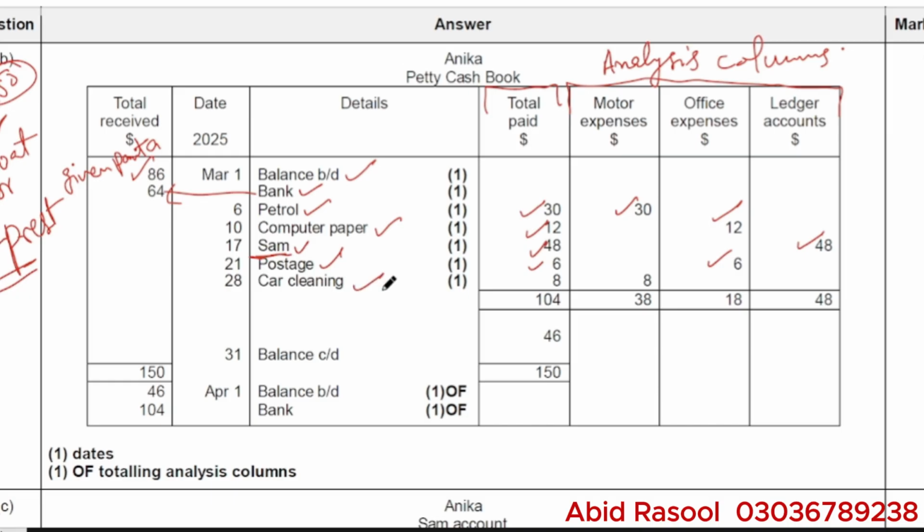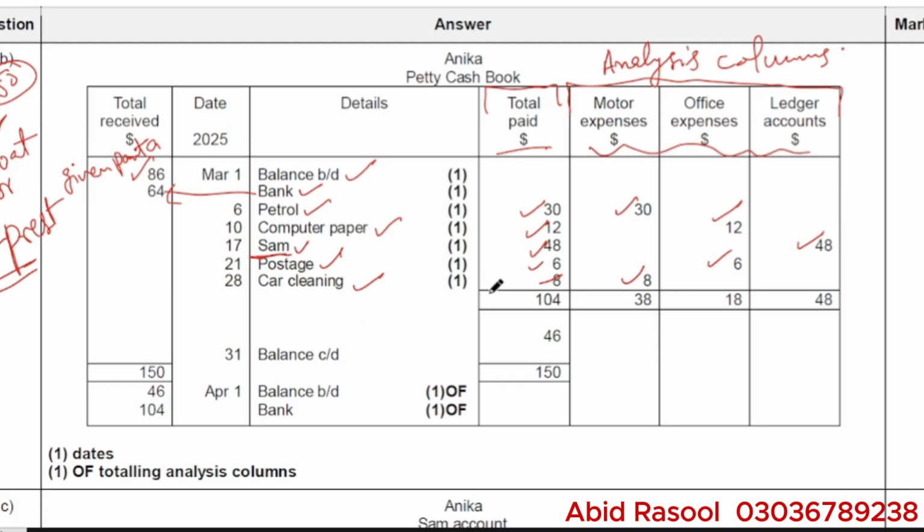Then car cleaning goes in motor expenses, $8 and $8. That's all. We have done all the entries. Again, I am repeating that on the payment side you have to write each transaction's amount in two places: first the total paid column, and then the respective analysis column.